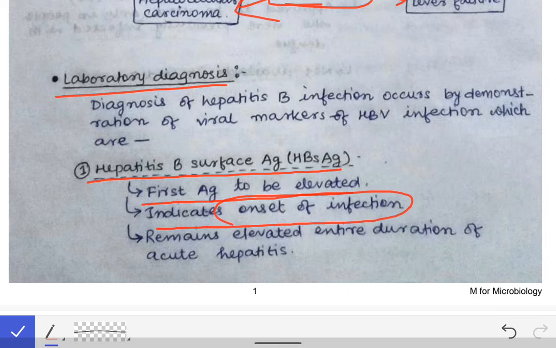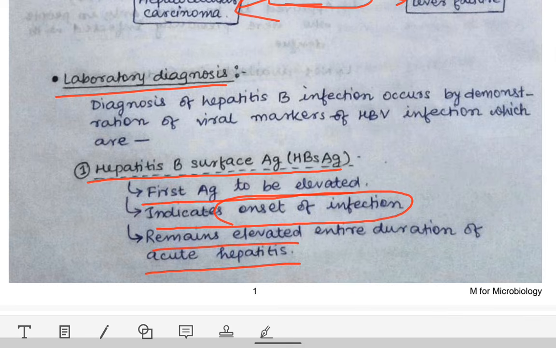And throughout the acute hepatitis phase, after the incubation period, this HBs antigen level remains elevated.